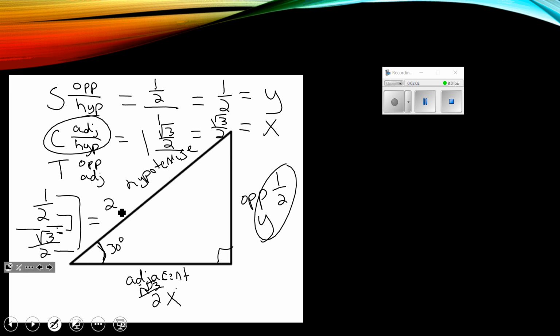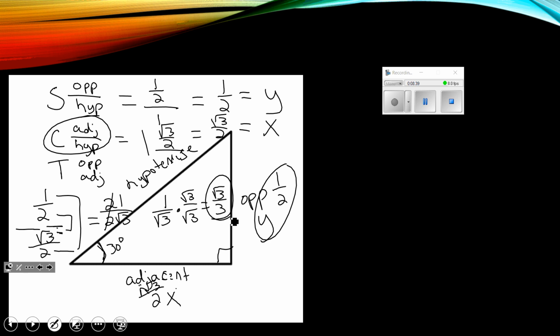And here, what's 2 times square root of 3? And what happens? Those cancel, but what do you get? 1 over the square root of 3. So then you have to rationalize it, and it becomes square root of 3 over 3. So that's going to end up being your tangent. Okay? And your tangent's not on your unit circle.